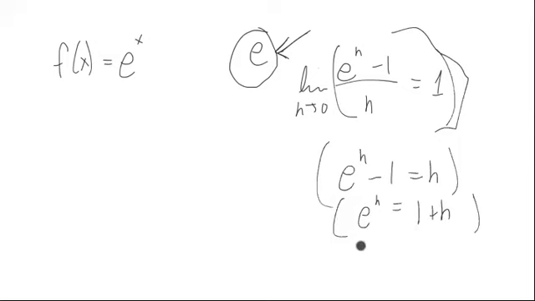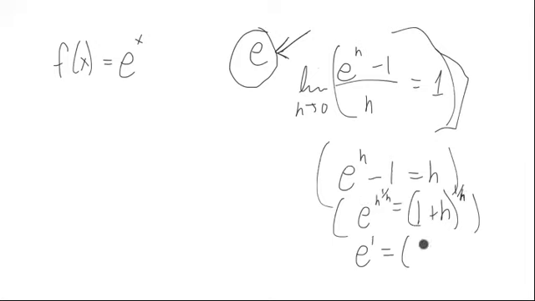Now let's take e to the h and raise both sides to the 1 over h. Look what happens here: 1 over h times h, those exponents cancel in the multiplication, you get 1.